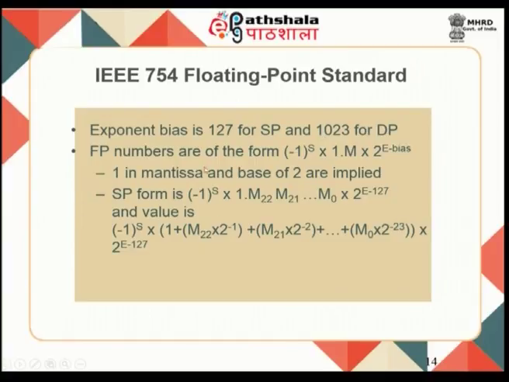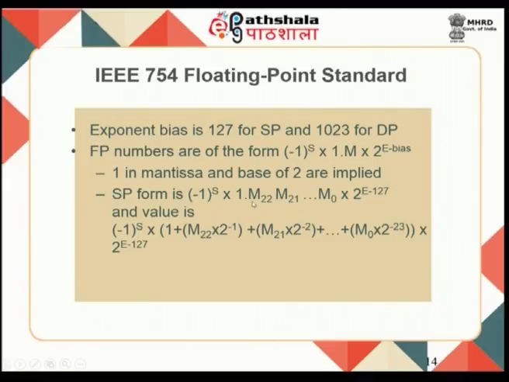So, the floating point numbers are of the form (-1)^s x 1.m, because it is the normalized representation, x 2^(e - bias). The 1 in the mantissa and the base of 2 are implied, they do not find a place in the representation, and this is the representation for your single precision floating point number.